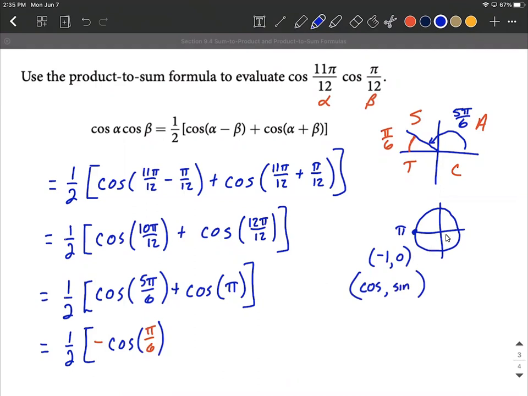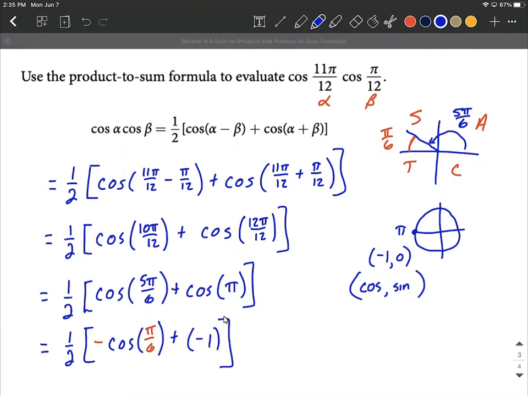So we're looking at pi, which is all the way around here, and that's the terminal point on the unit circle, -1, 0. And we're trying to evaluate cosine of pi, so that's going to equal -1. So I can go ahead and insert in -1 for cosine of pi.